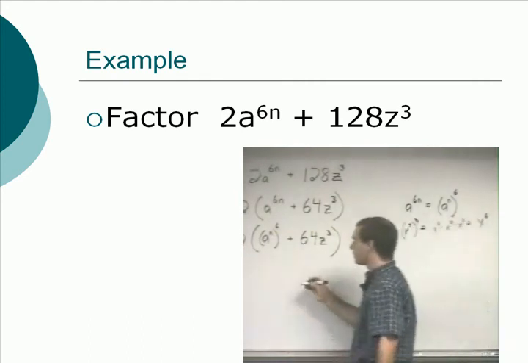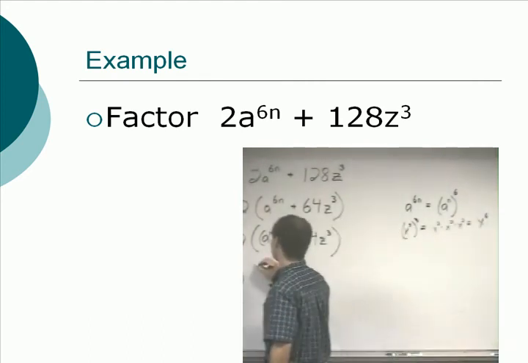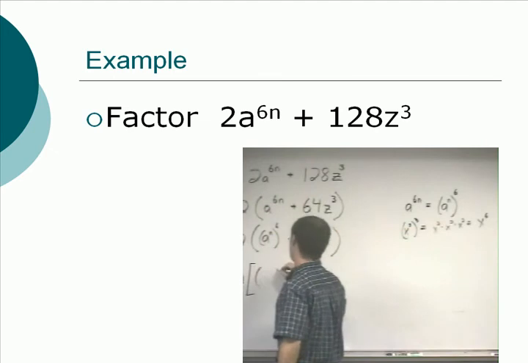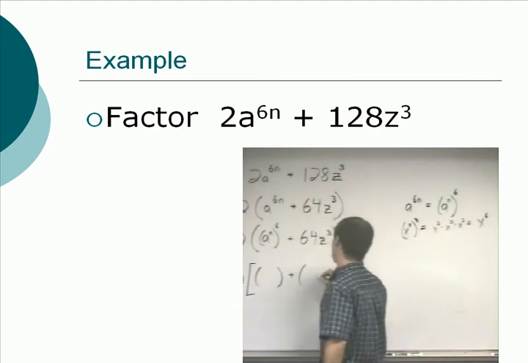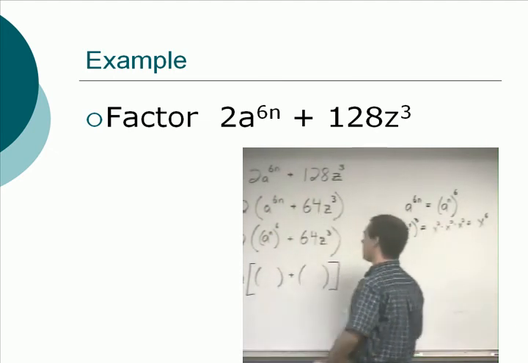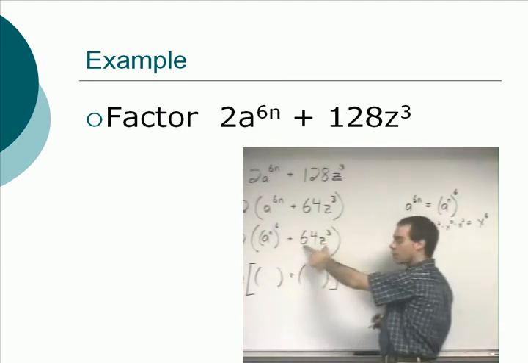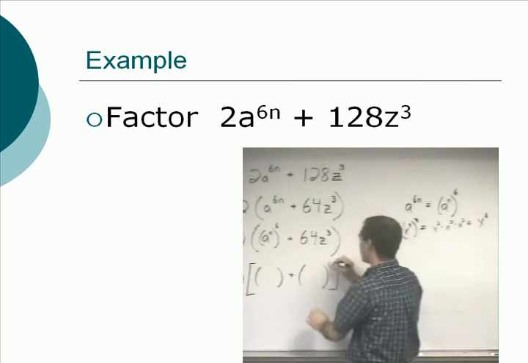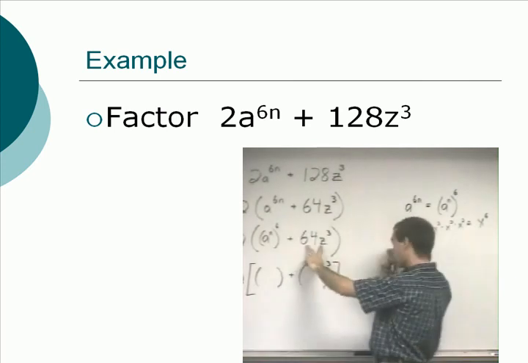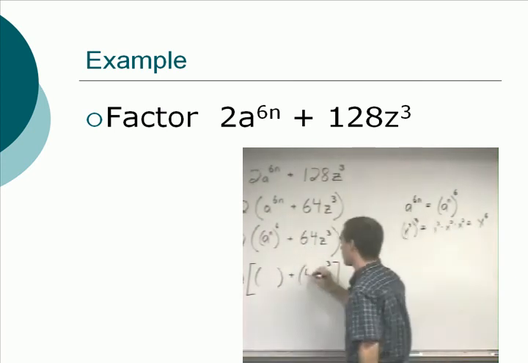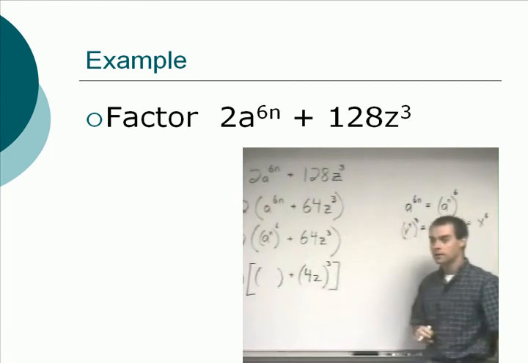What is that cubed? That's the same as 2 times. Let's rewrite these, breaking down our cubes. Now let's do the second one first. That's the easier one. What is it that is cubed to give you 64z cubed? 4z. Everybody agree with that?